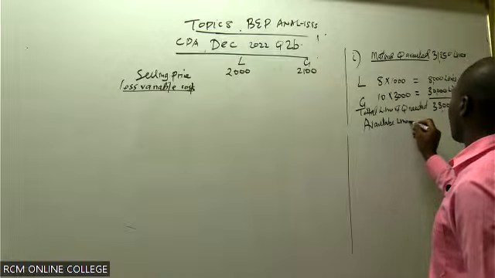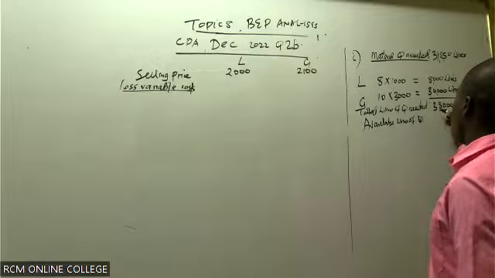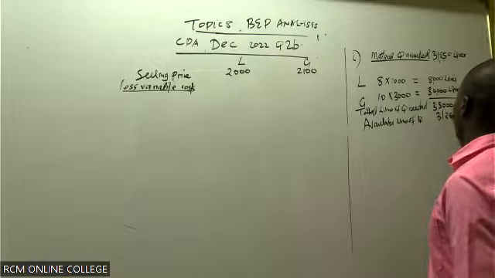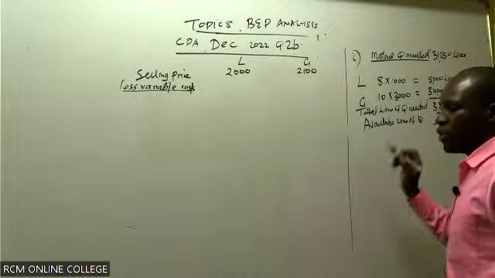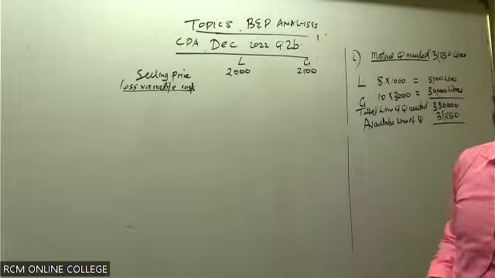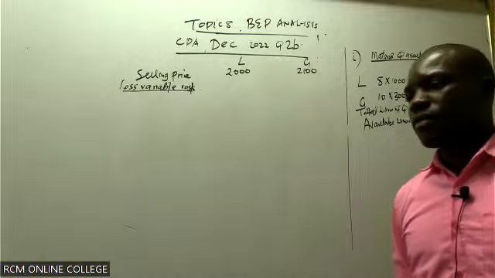Available liters of Q. How many were they given? 31,250. That's what the company can afford. Now, do we have surplus or deficit?